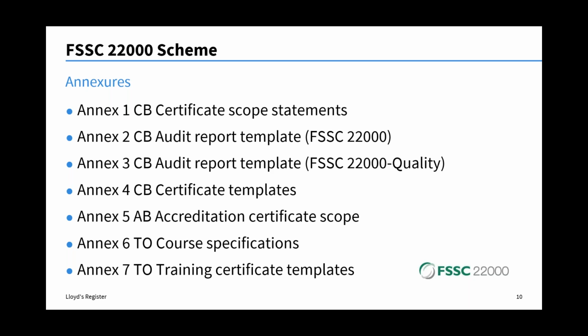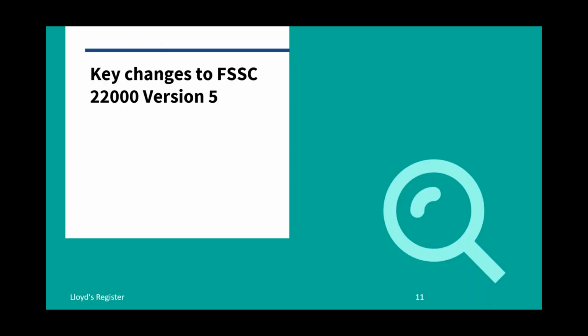Annex 5 is about AB accreditation certification scopes. And Annex 6 and 7 are about training organizations. We would also be discussing in this webinar only Annex 1, which is the certificate scope statements. Okay, so let us go through the key changes that have happened in FSSC 22000 version 5.